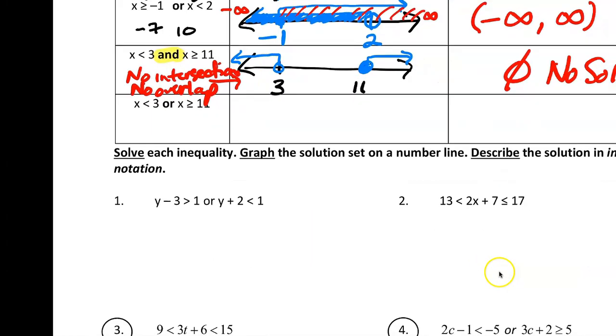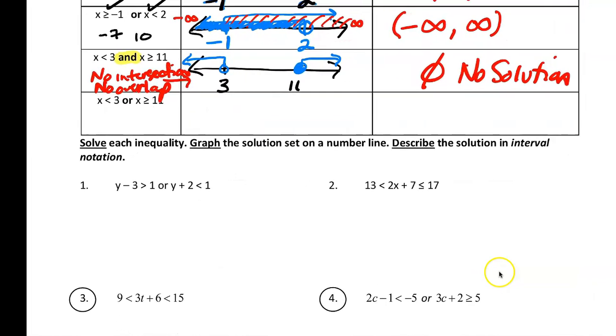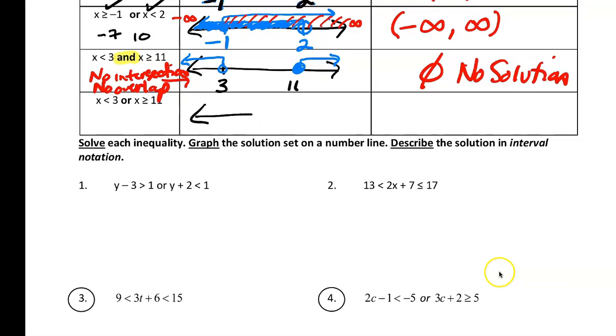All right, let's look at our last one here, just getting used to the notation. We have 3 again and 11. We have less than 3 is this way, and we have greater than or equal to 11, which is that way. Now this one is an "or" compound inequality. So you can pick a number and it has to work for one or the other. It doesn't have to work for both.